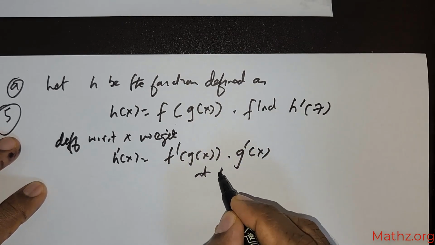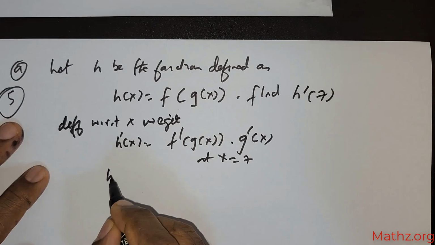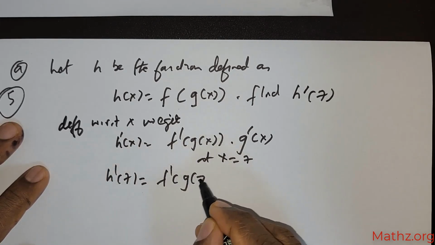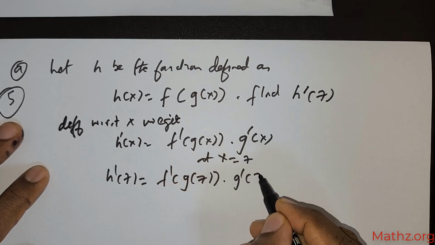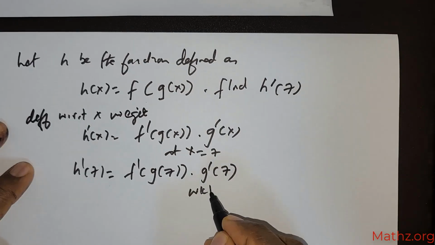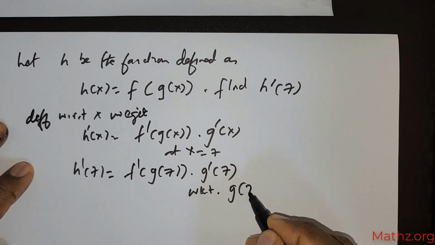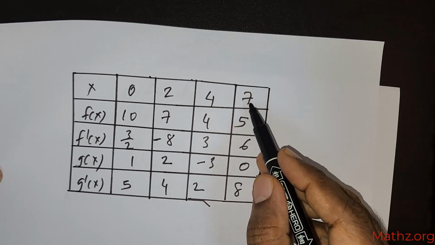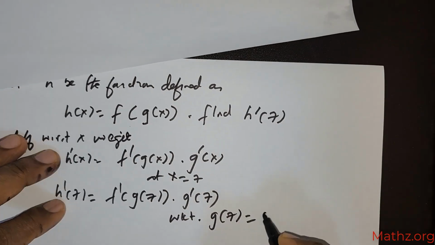Now at x is equal to 7, h dash of 7 is equal to f dash of g of 7 times g dash of 7. We know that g of 7 is equal to, go to the table, find g of 7, that's 0.